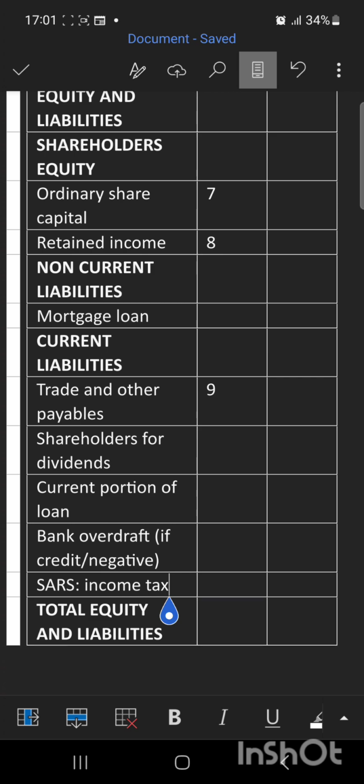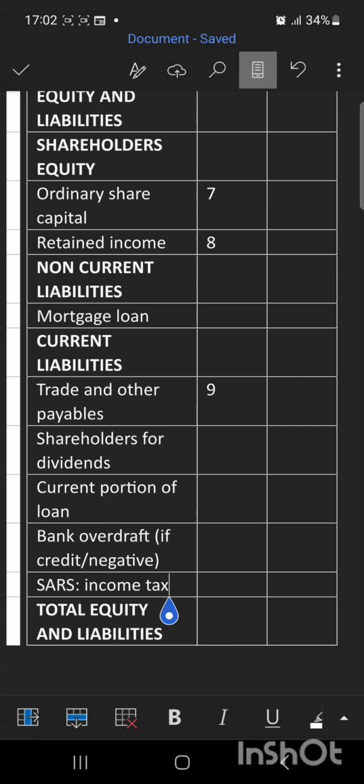Let's say for an example, the income tax for the year is 360,000. The provisional payments is 320,000. It means we paid less by 40,000. So your SARS income tax will be under current liabilities, and you are only going to record the difference, right?